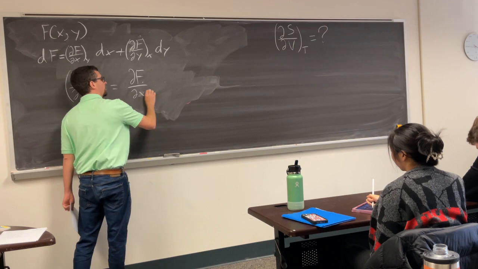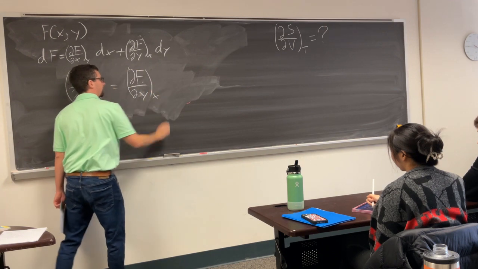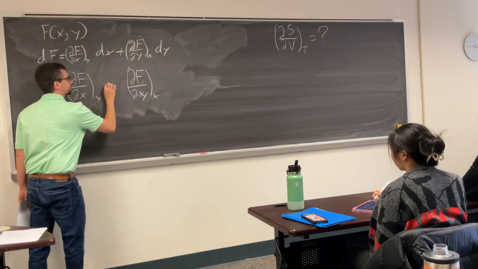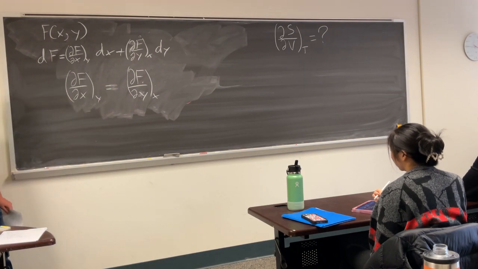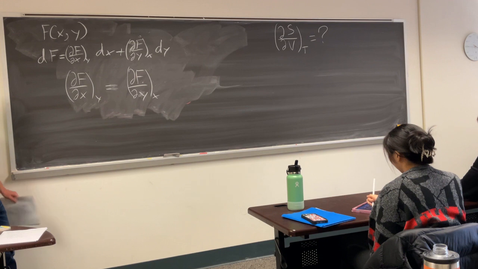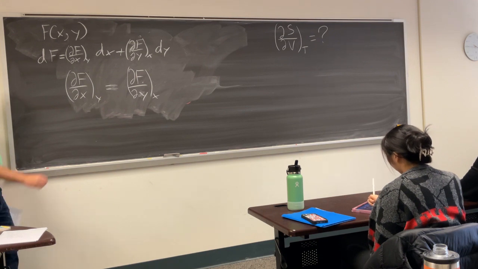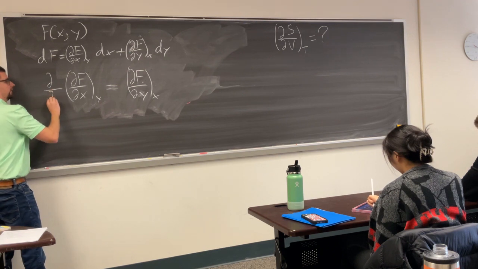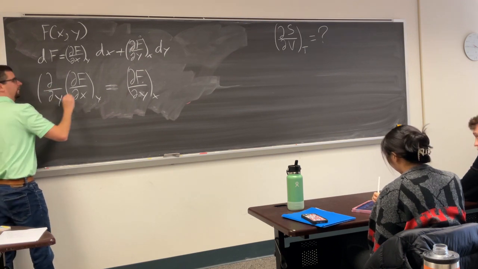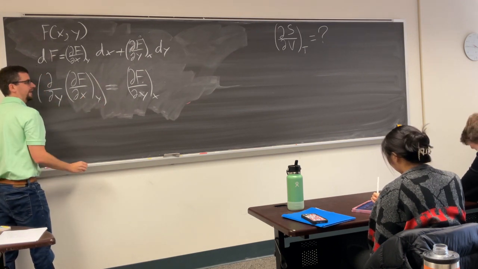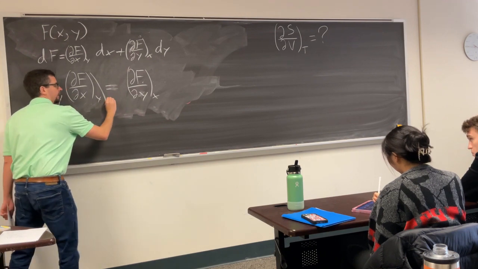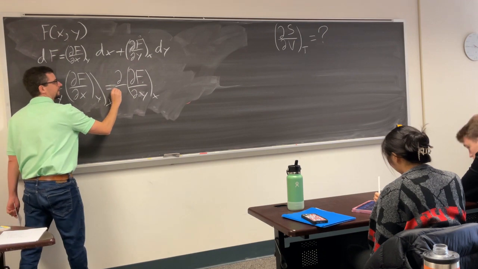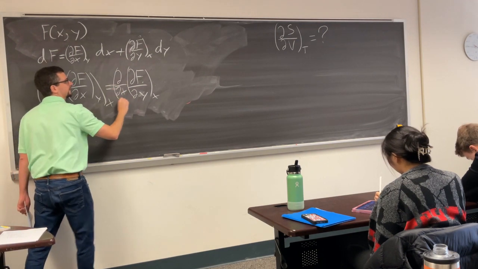And what do we have to do here? This isn't exactly true right now, right? What do we got to do? Yeah, with the other variable, what are we going to hold constant in that case? Yep. And then what do we take in the differential on this side? Yep, hold them what constant?